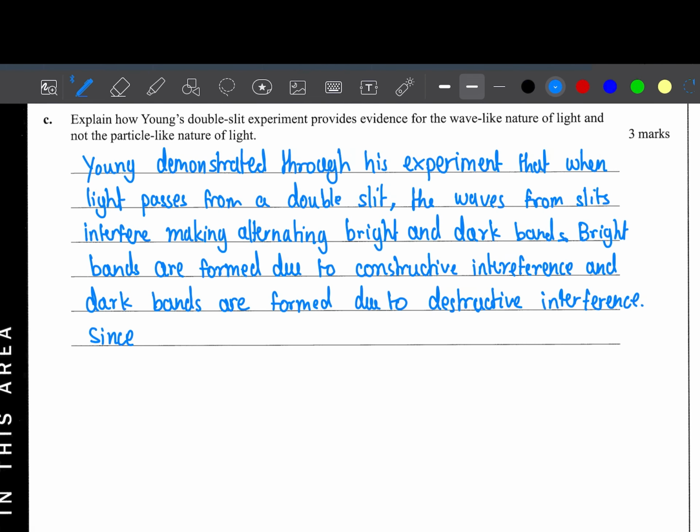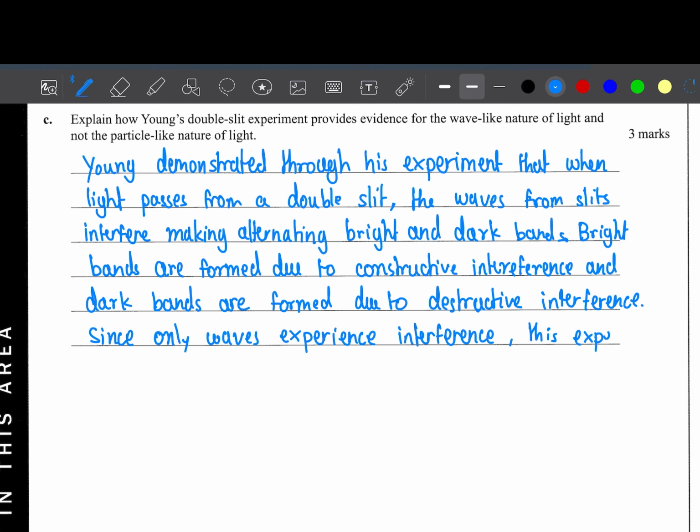Since only waves experience interference, how do I spell this? Interference.